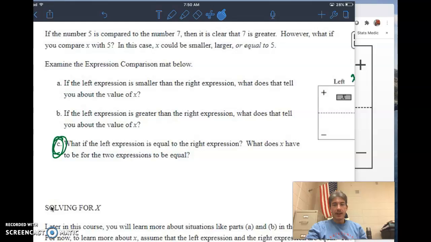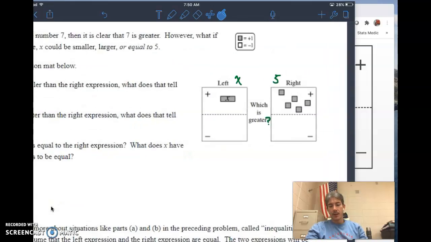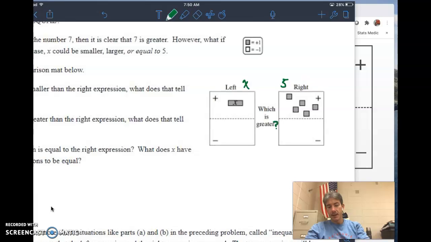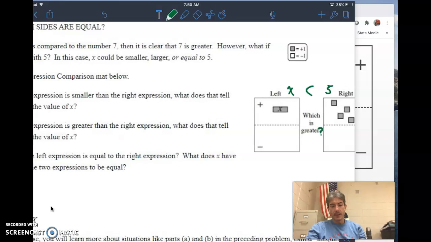But let's go over here and check out these prompts. If the expression on the left is smaller than the expression on the right, then what does that tell us about x? Well, that means x could be 4, it could be 3, it could be 2, it could be 1, etc. Now I'm only using integer values here, but obviously there are decimal values that would fit in there.